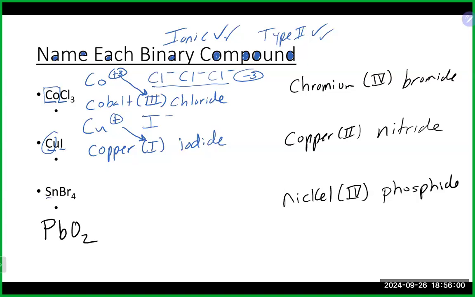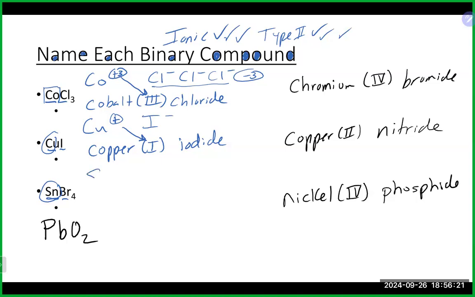Here we have tin, which is a metal, Br, which is a non-metal, so that tells us it's ionic. And again here, tin is actually not a transition metal, but it is one of those ones to the right that's below the staircase, which is basically still a type 2 metal.